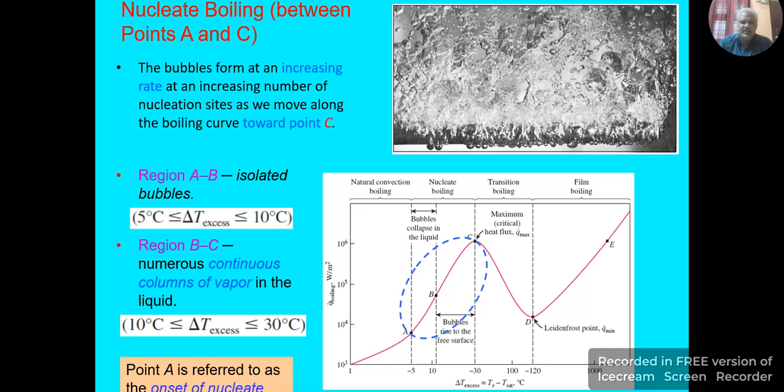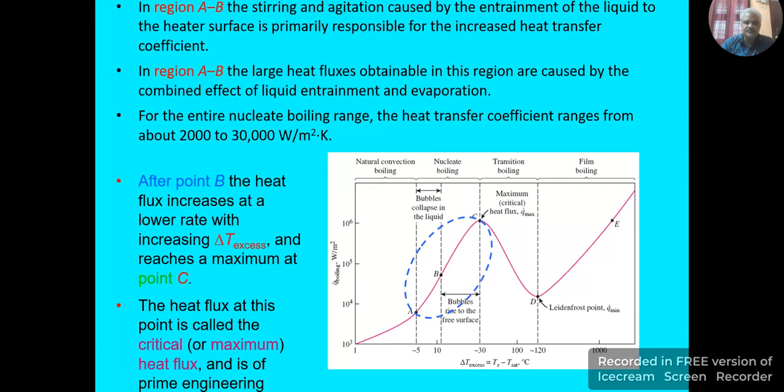So region A to B is the isolated bubbles region, and region B to C is the continuous columns of vapors formed in the liquid here. So point A is referred to as the onset of nucleate boiling here. The real boiling starts at point A, that's referred to as onset of nucleate boiling here.